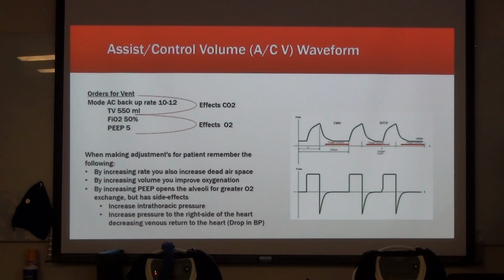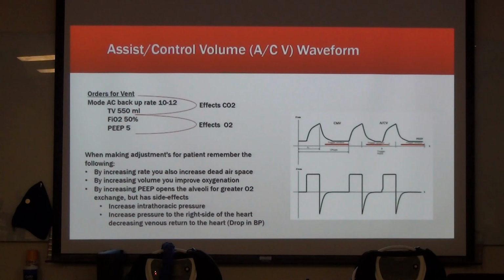Now, in the first two that I have here, if you notice, it says it affects CO2. So your volume and your rate. When you're dealing with CO2 issues, these are the two values that you work with. And of course, when you do interfacilities, because remember, we're going to use this for 911 too, sometimes these parameters are going to be off, and you're going to go, this is not normal, this is not what we were trained on.